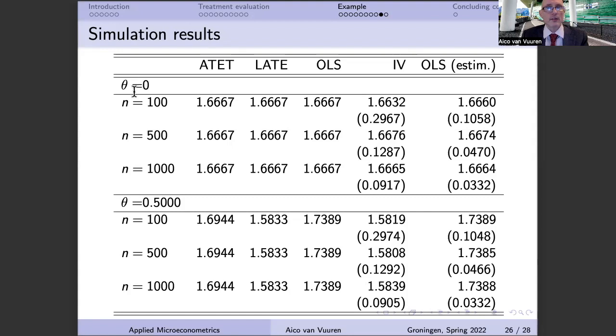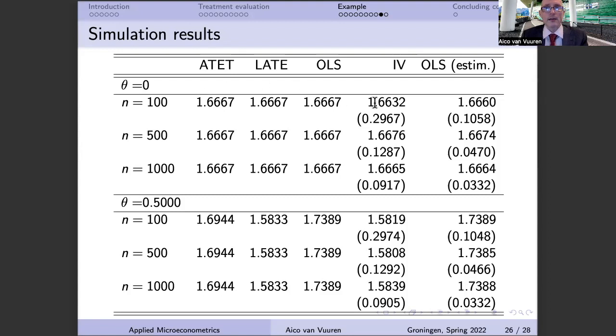Now let's look at theta equal to 0. Theta equal to 0 means that there is no correlation between U and V, and that is a situation in which everything works perfectly. That is to say that both LATE as well as ordinary least squares are exactly equal to the average treatment effect among the treated, and that is equal in this case to the average treatment effect.